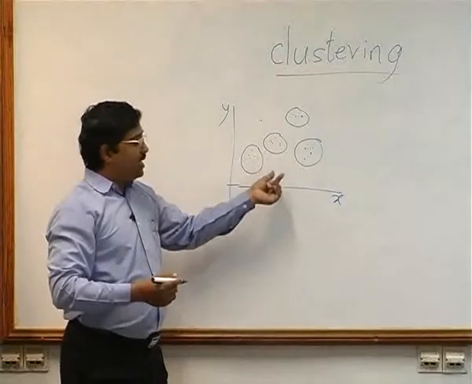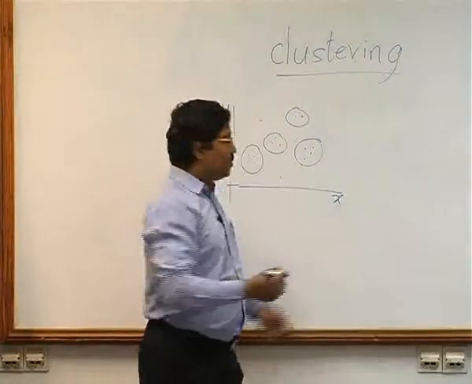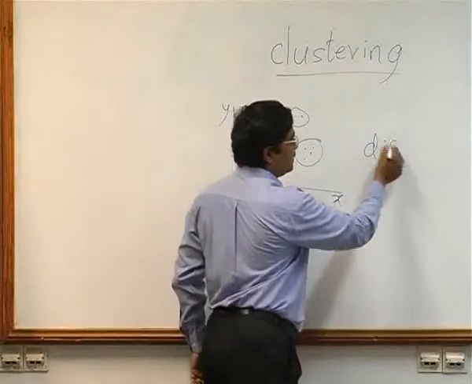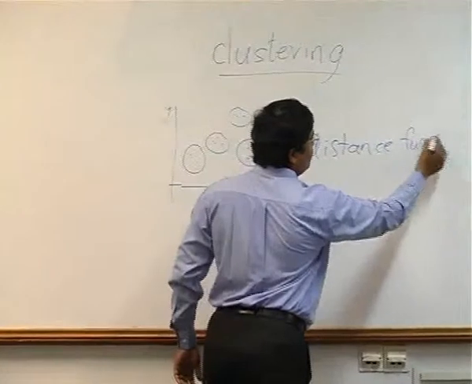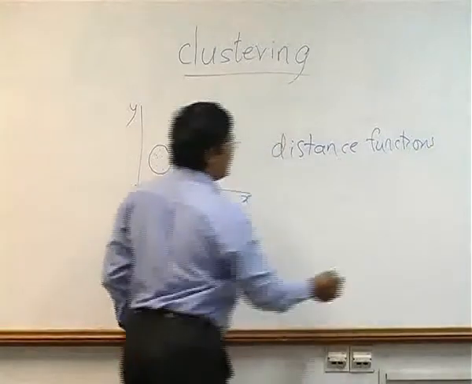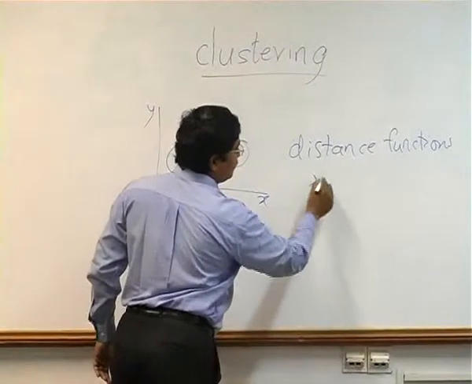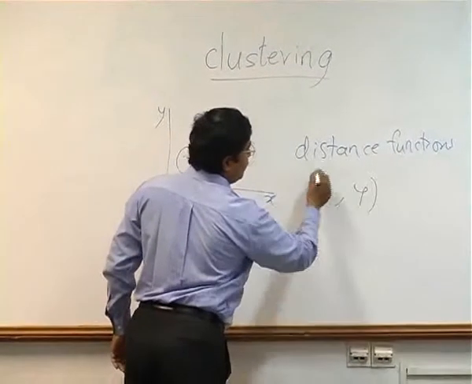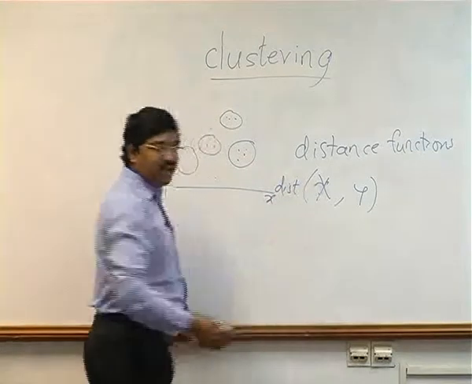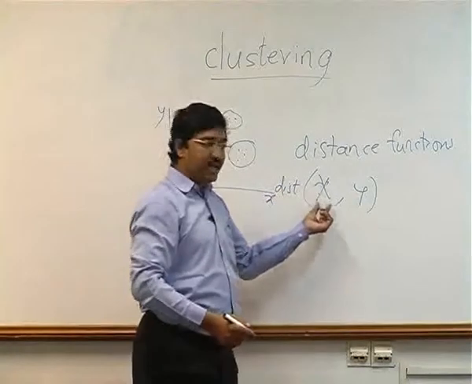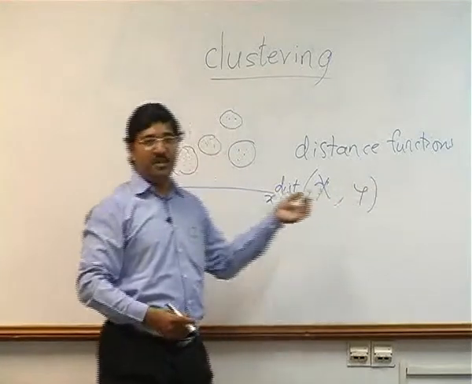In the literature, people have come up with different distance functions, which tell, given two points x and y, what is the distance between x and y. So you have a function dist, which takes two arguments x and y, and returns the distance between x and y.